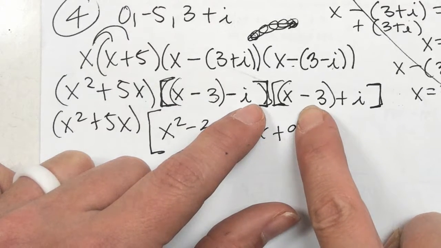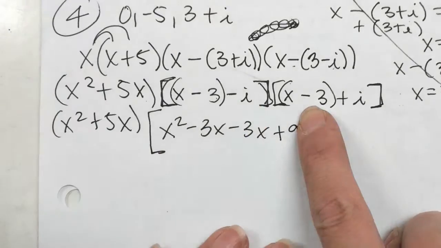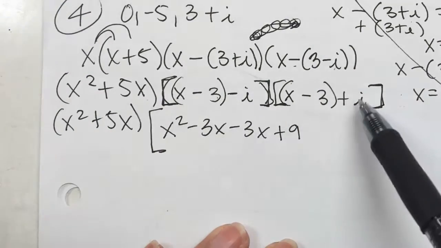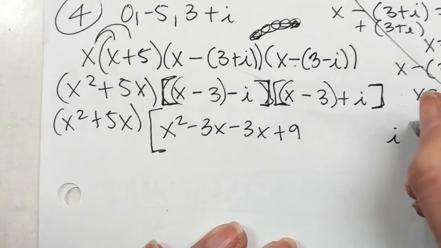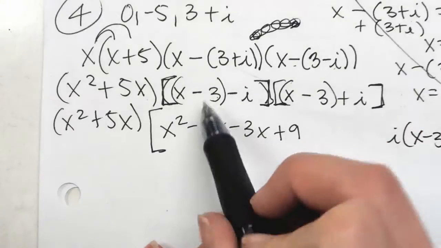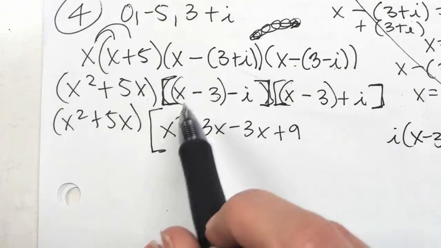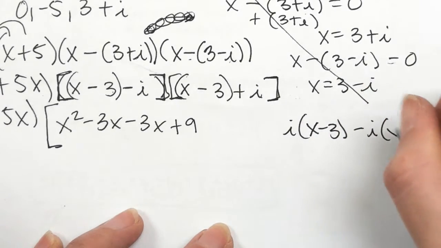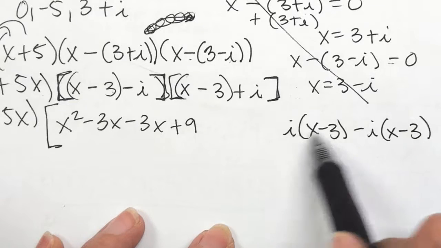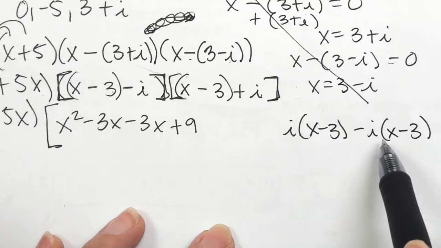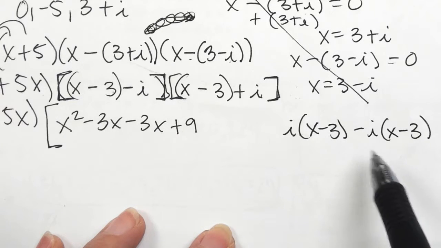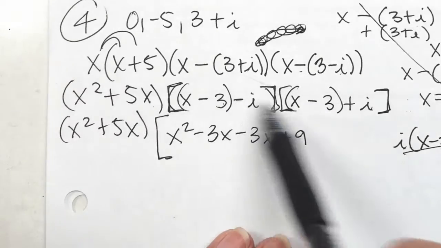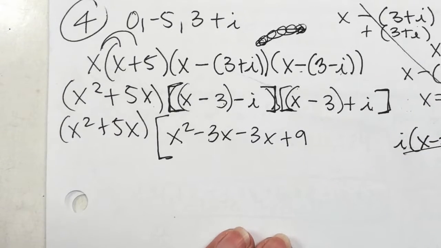Does everybody see that those middle terms are going to cancel out? I'll write it over here. My outer terms will be i times x minus 3, correct? Alright, my inside terms will be negative i, x minus 3. And see, this is itself minus itself, and they would cancel out to 0. Everybody see that? That is why we break them up like this, so the i's will cancel out completely.